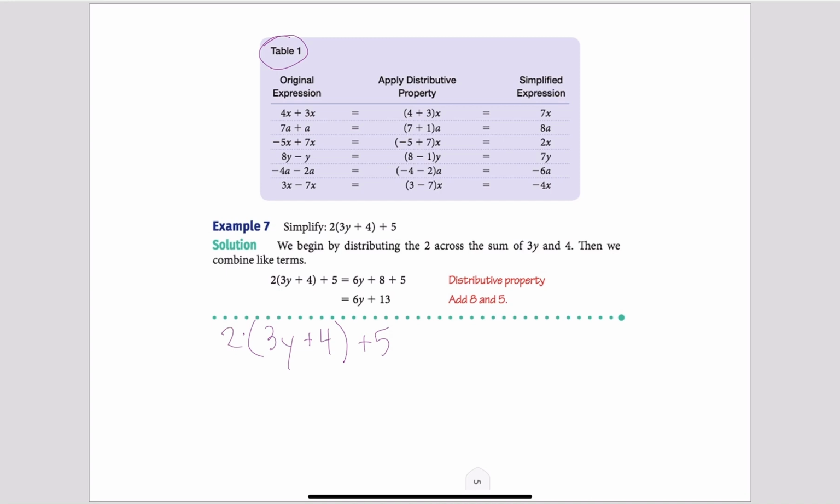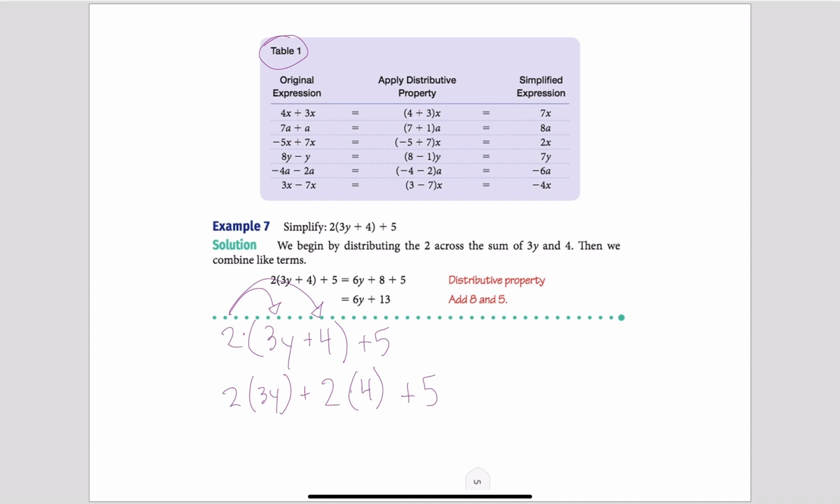So I'll go ahead and distribute 2 times 3y plus 2 times 4. And now this plus 5 is still hanging out on the back end. So instead of 2 times 3y plus 4, it's 2 times 3y plus 2 times 4.